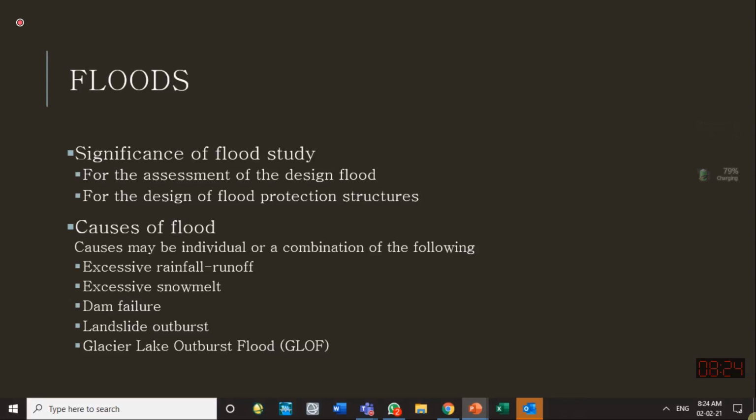Some glacier stopped the river flow, and at the back of the glacier the water is collected, and that starts working as a reservoir. So ice and debris combine together to restrict the flow.